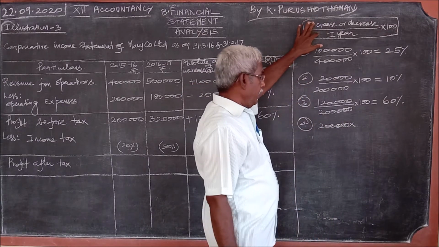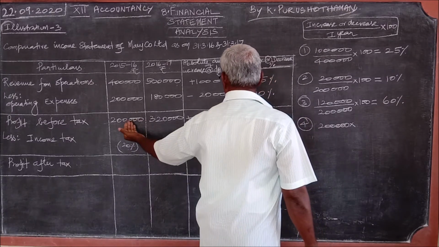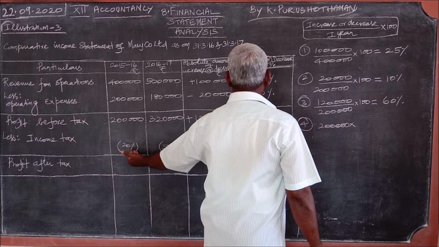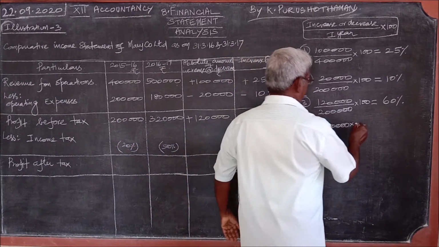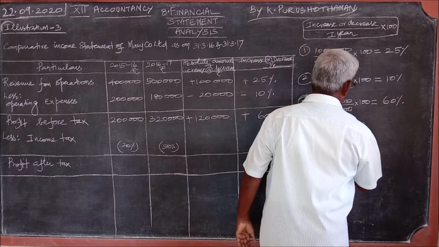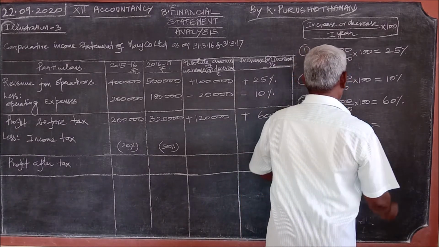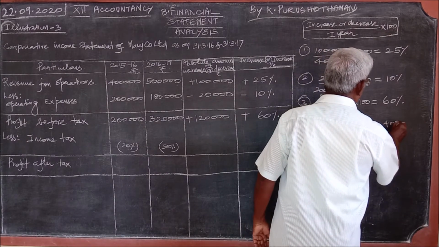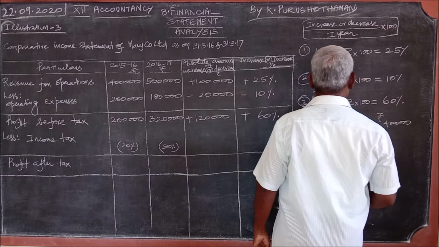But for calculating the income tax, it is the amount of profit into the percentage. 2 lakhs into 20% means 40,000. 40,000 is the income tax.